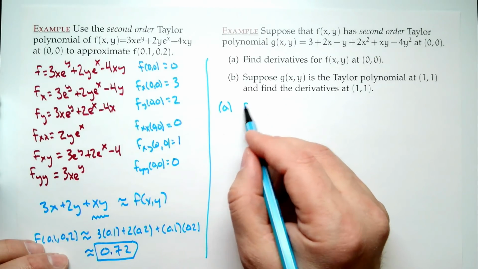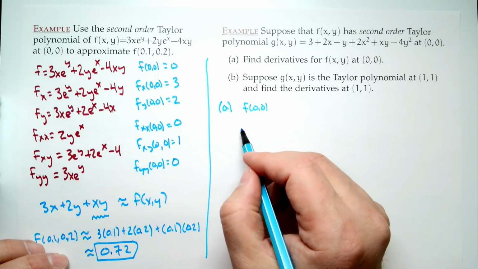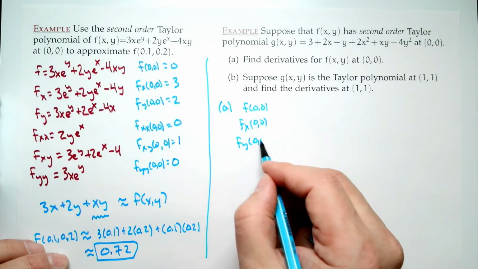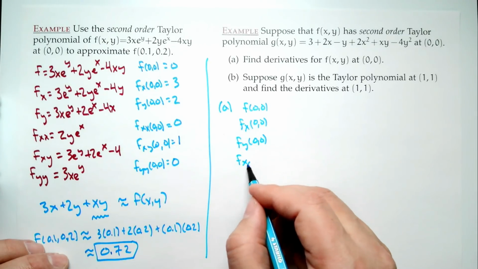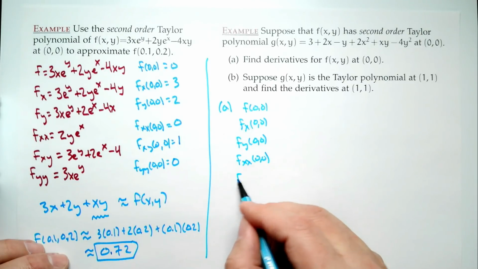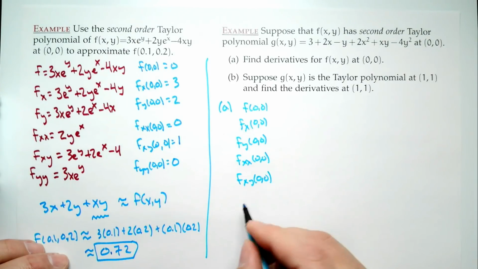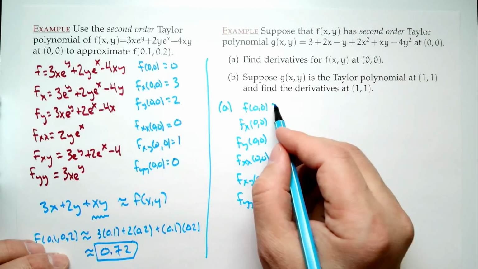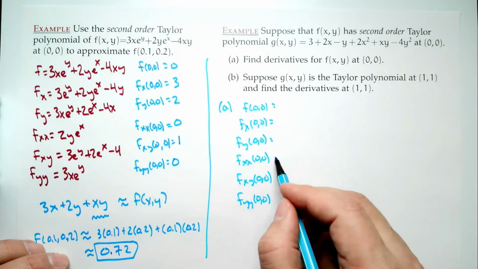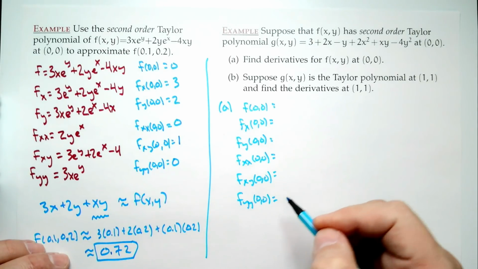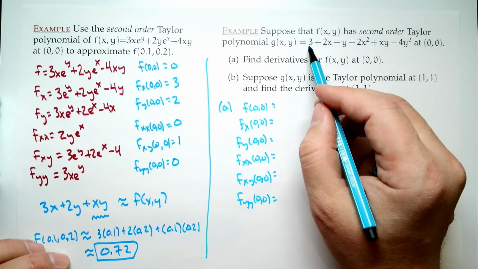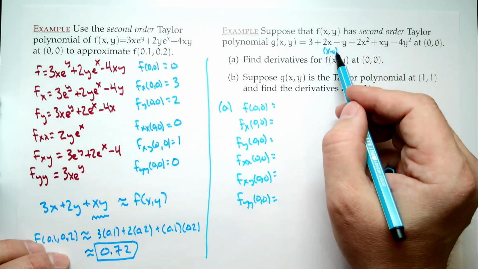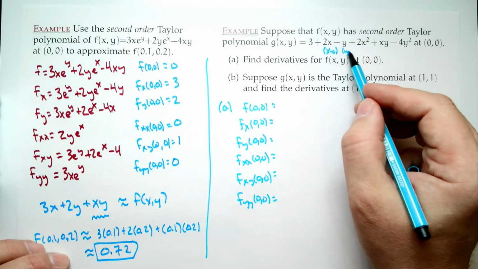So we want to find f at 0, 0, f sub x at 0, 0, f sub y at 0, 0, f sub xx at 0, 0, f sub xy at 0, 0, and f sub yy at 0, 0. That's what we're after. We want those numbers. And I claim we can get them. Because really you should think of this as 3 plus 2, x, you can think of this as x minus 0. And y is y minus 0.